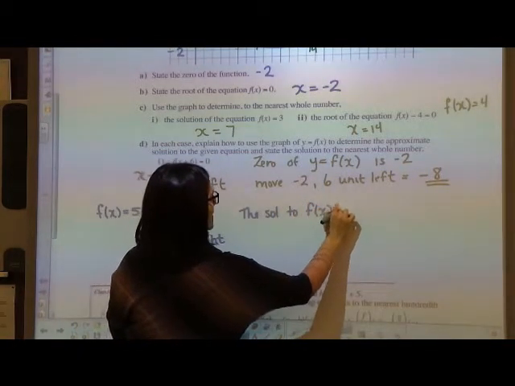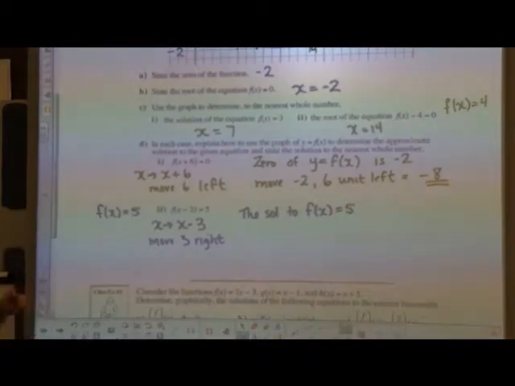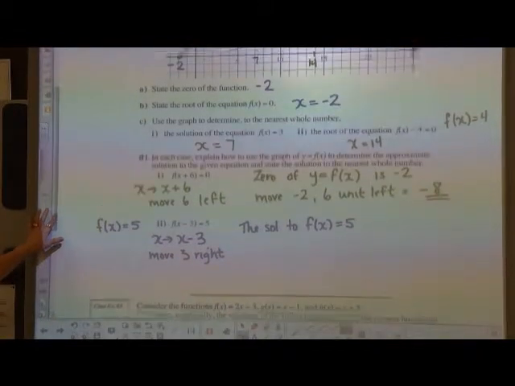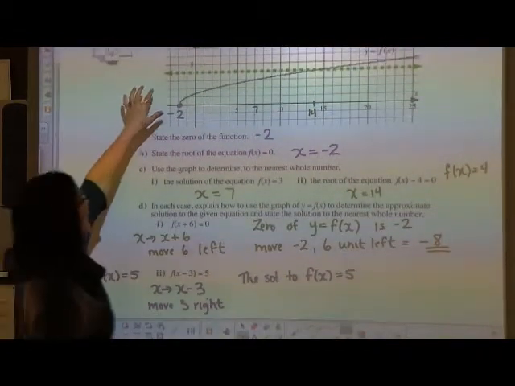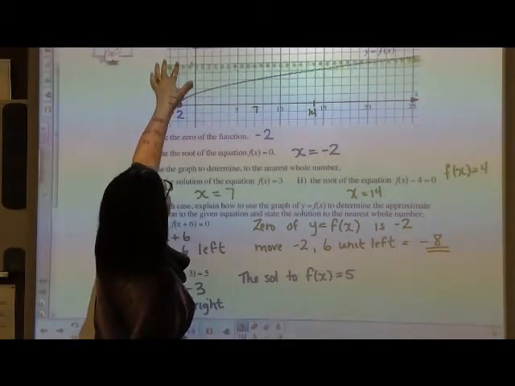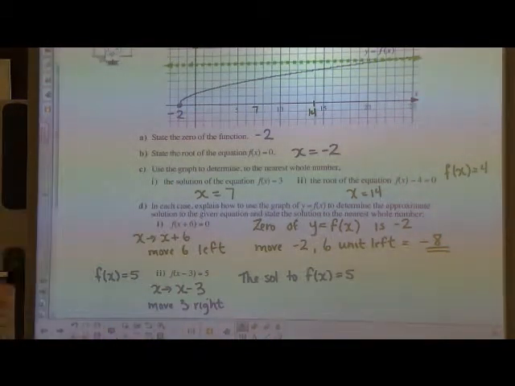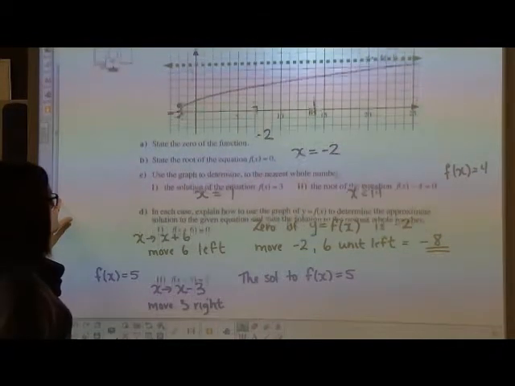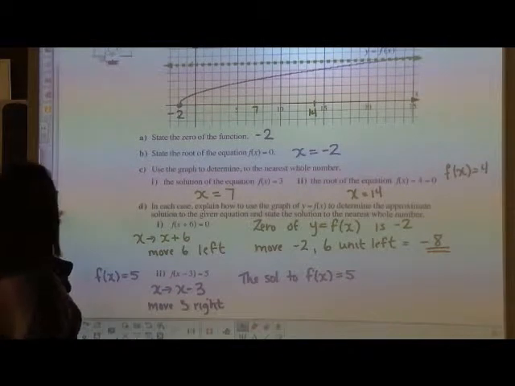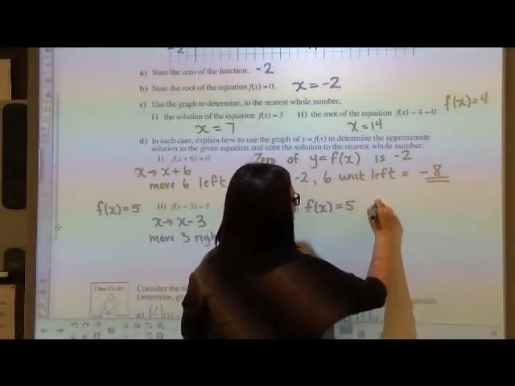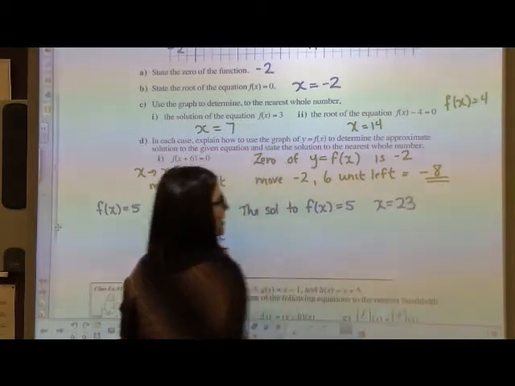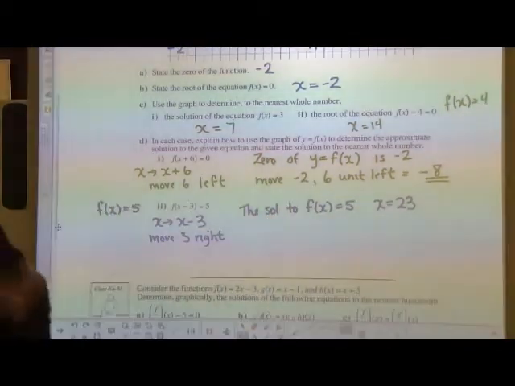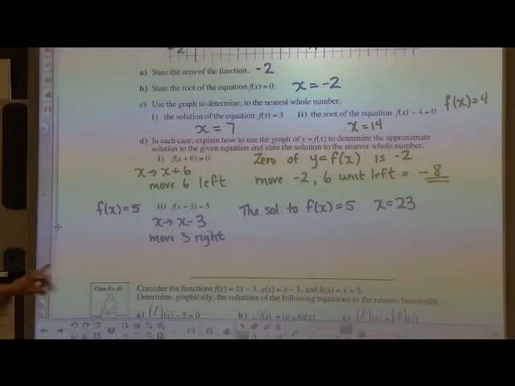Okay? So now if I determine the solution to f of x equaling 5. So if I go back up to that graph, and I now move this line to 5, where does it intersect the graph? At how much? 23? So the solution to f of x equals 5 is that x is equal to 23.